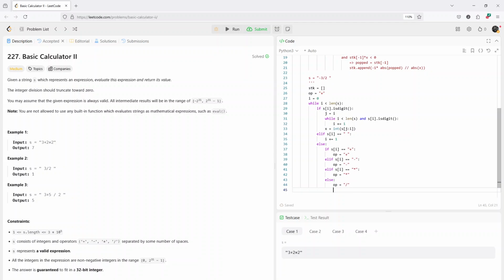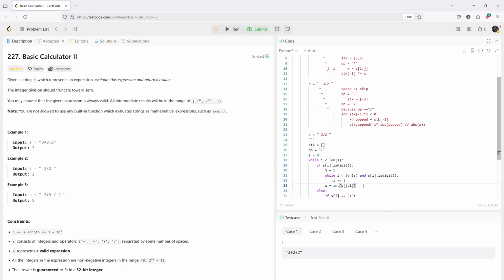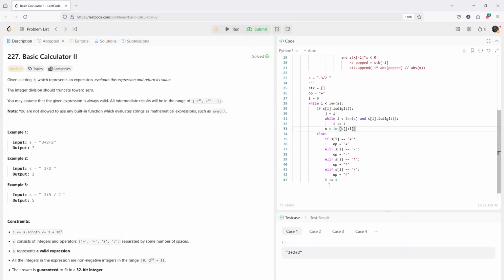And then we have to, of course, iterate i. Since they both have the i plus equals 1, what we could do instead is just combine all of this into a single block. If s of i equals the division. That way if it's a space, none of these will hit, and you're just going to iterate i. Okay, so that takes care of this block.